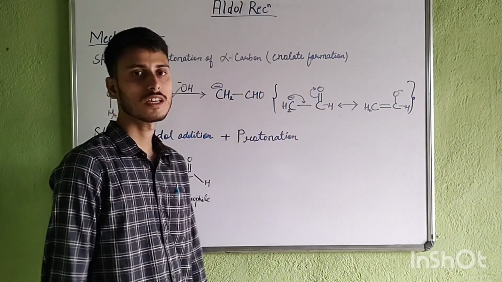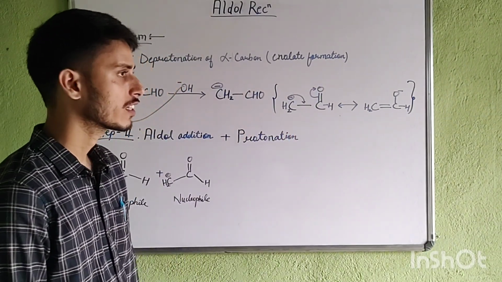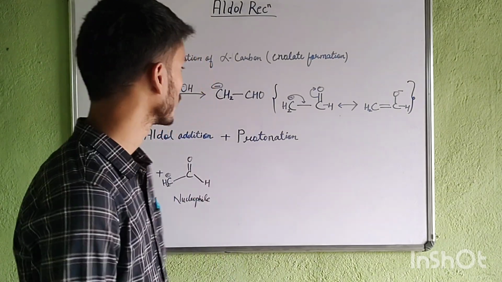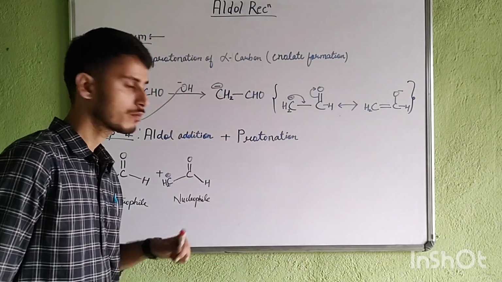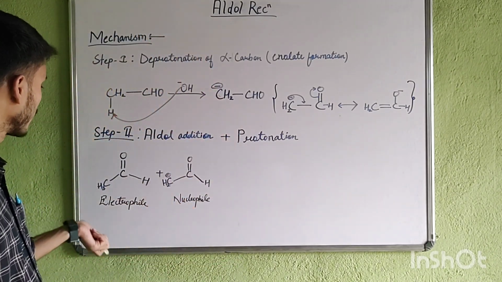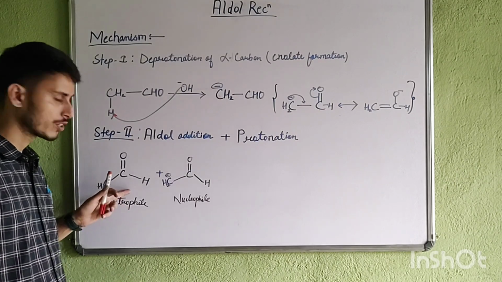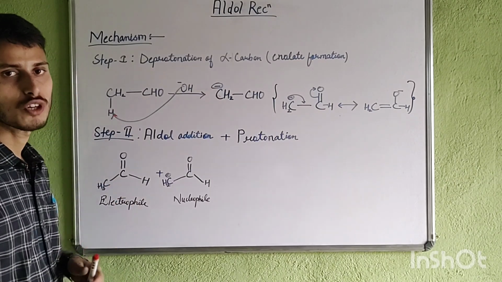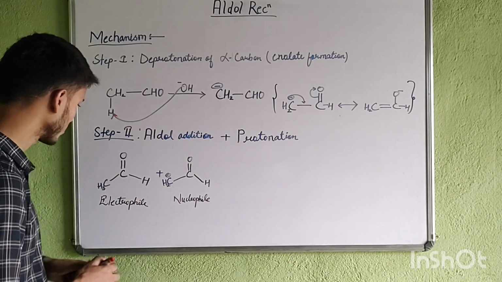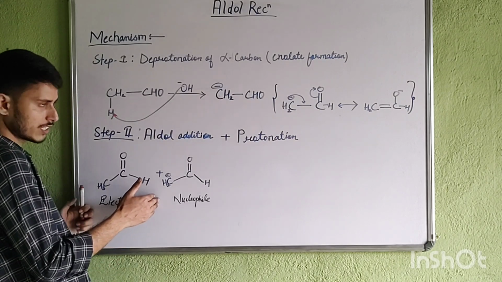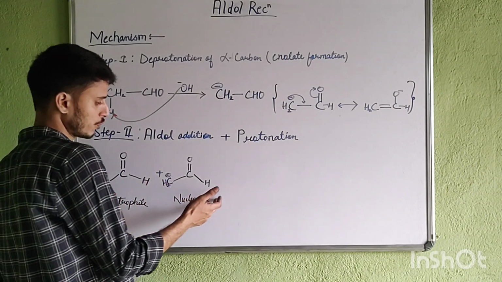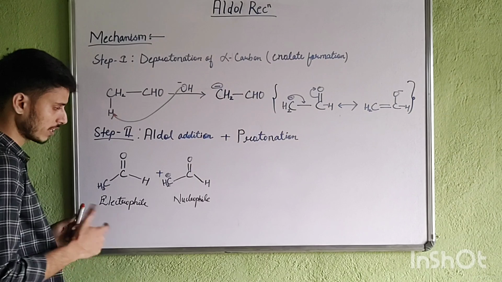Step 2 is the aldol addition and protonation. The enolate that we have formed will go and attack on the carbonyl. This will be nucleophilic attack by enolate on the carbonyl, which is the electrophile here. So nucleophile plus electrophile.